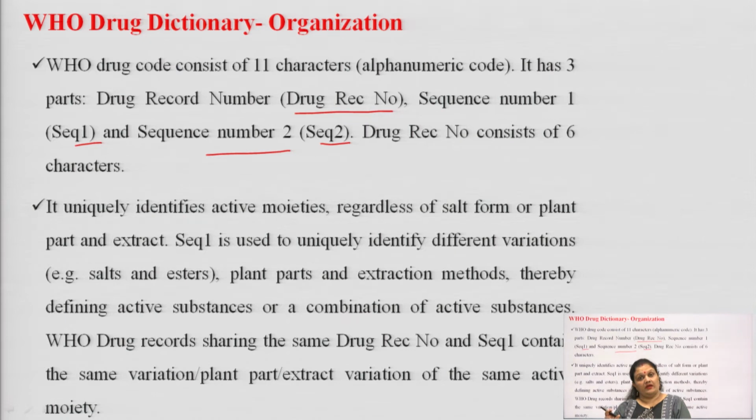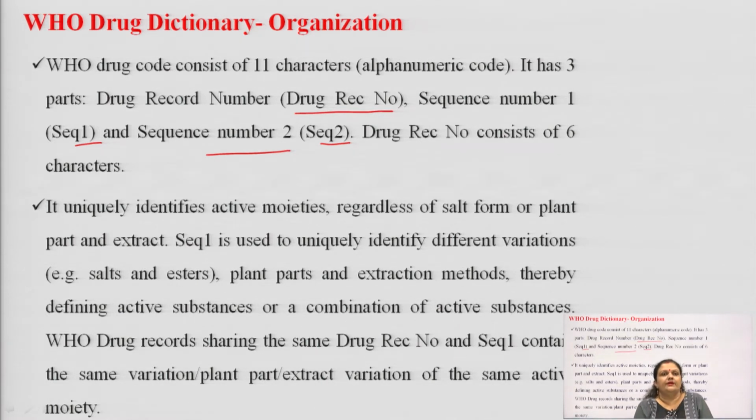Variations means again the API, the active moiety, when we change the API to enhance its solubility. We may make it more lipophilic to cross the blood brain barrier for CNS related activities, or sometimes, for the release of the unwanted unmetabolized drug fraction from the body, we make it more hydrophilic, water soluble. So we can change the salt or do the esterification, which is known as the derivatization of the product.